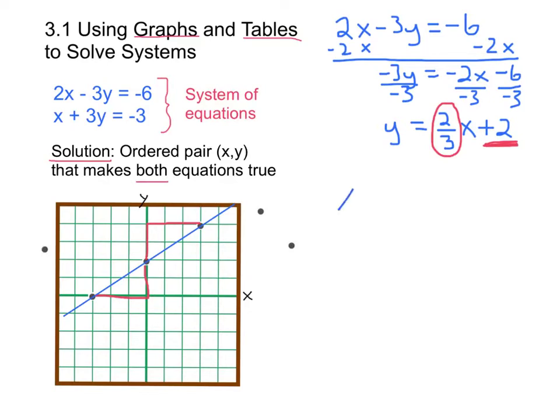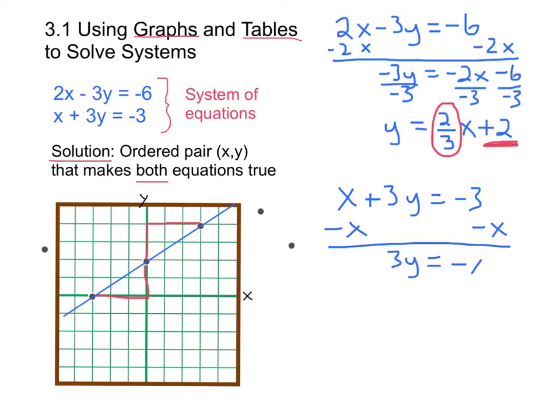So we have x plus 3y equals negative 3, and subtract x from both sides. So 3y equals negative x minus 3, and then divide through by 3, and we get y equals negative 1/3 x minus 1.